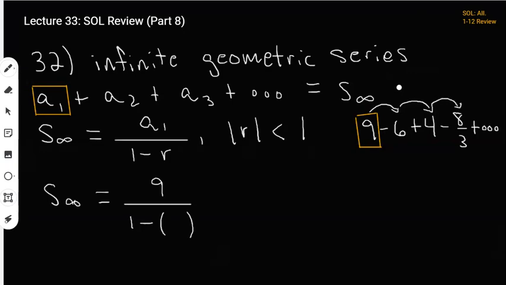So what is R? R is going to be the number that you got to multiply by each time to get to each new number. So what do I need to multiply 9 by to get to -6? What do I need to multiply -6 by to get to 4? And so on. Well, what you can do is take the number and divide it by the number that comes before it. So let's choose 4.